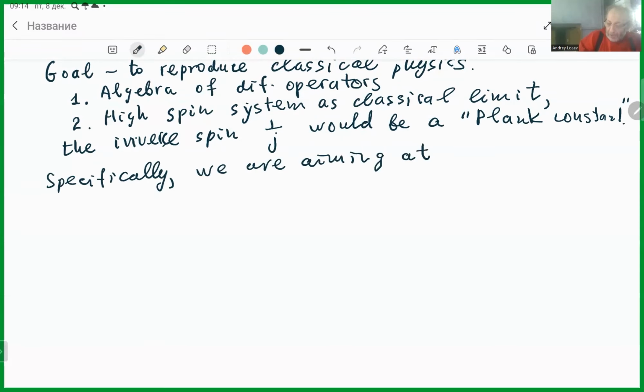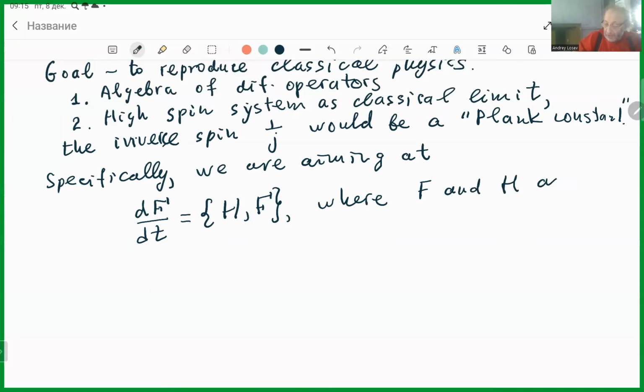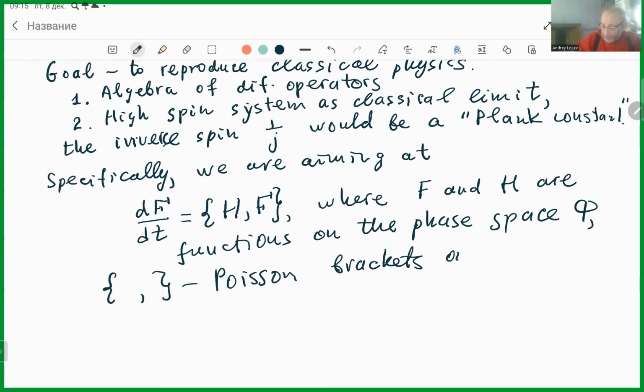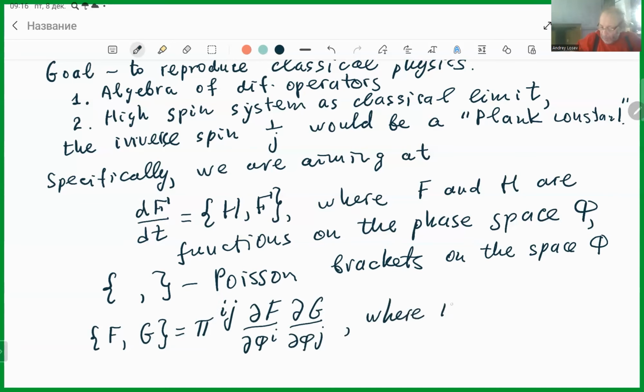We are aiming at the formula df over dt is {h, f}, where f and h are functions on the phase space, where pi ij is the so-called Poissonian bivector.